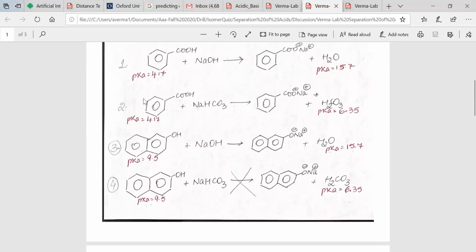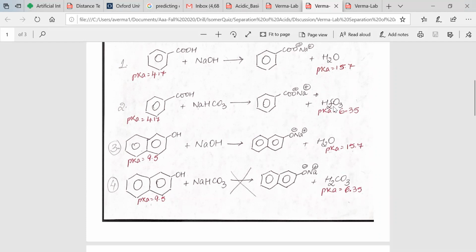On the other hand, if we react benzoic acid with a weaker base as compared to sodium hydroxide, sodium bicarbonate, which is a little weaker in strength as a base, the base will still abstract the proton and your anion will still be generated, but now you get a different kind of acid.